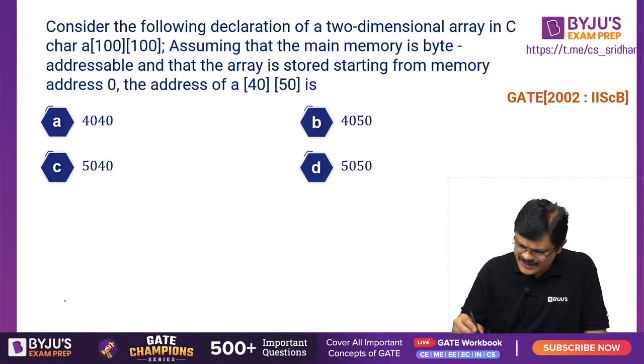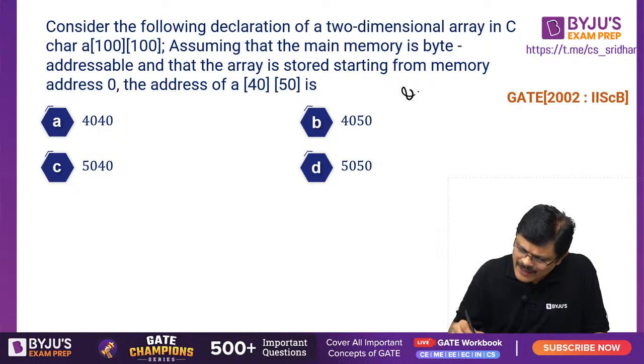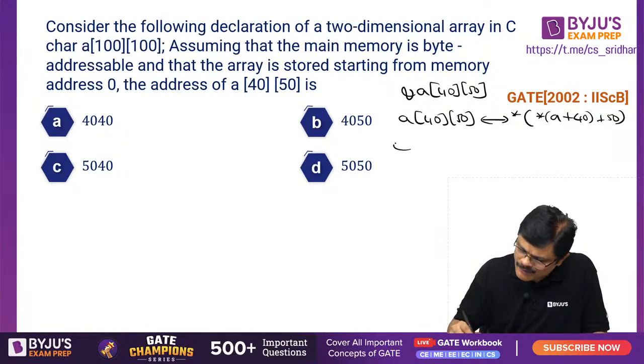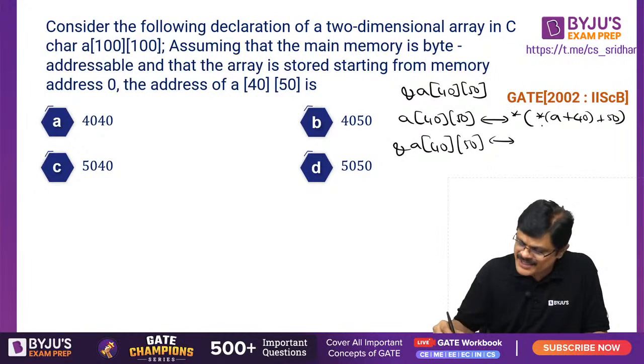We require the address of A[40][50], and before that, A[40][50] means what? It is star of star of A plus 40 plus 50. Now you require the address of this, which means that star is gone: star and ampersand, and the star is gone. So we are interested in A plus 40 plus 50.